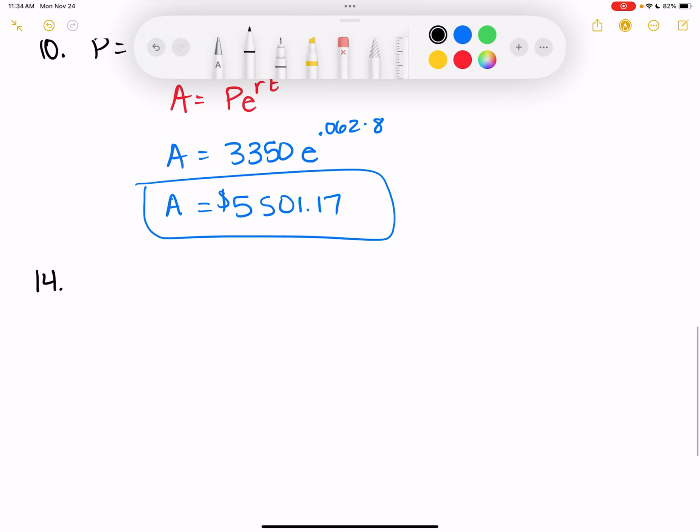Big R equals $300. Little r is 6%. T is 12. K is 4. So little r equals 0.06.